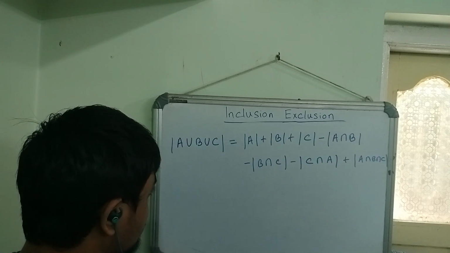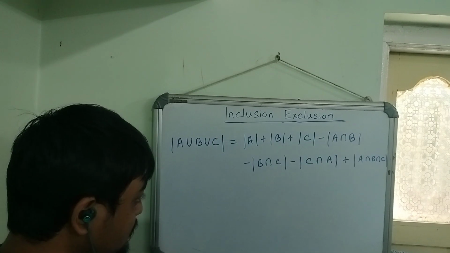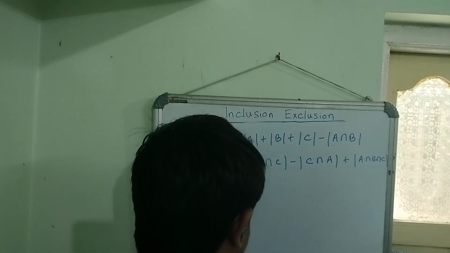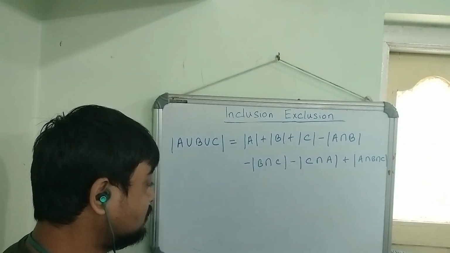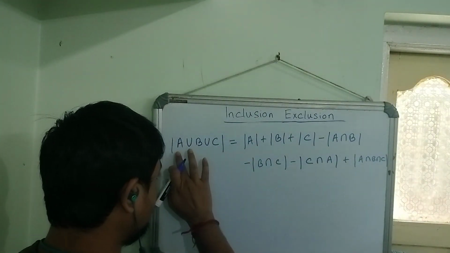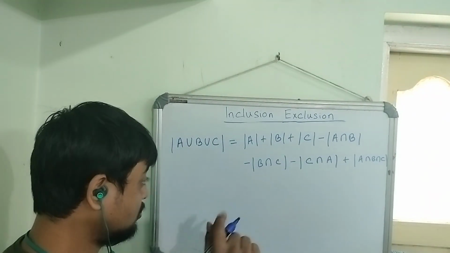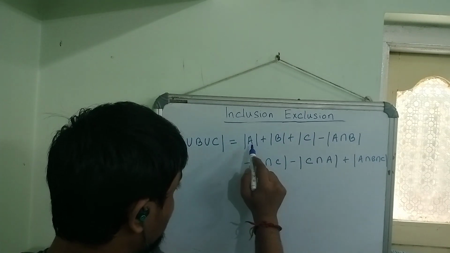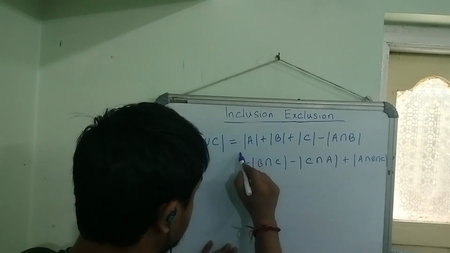See, we will also split this into two types of cases. The elements which are present in exactly one of those three sets, exactly once, not two, are counted here only once.